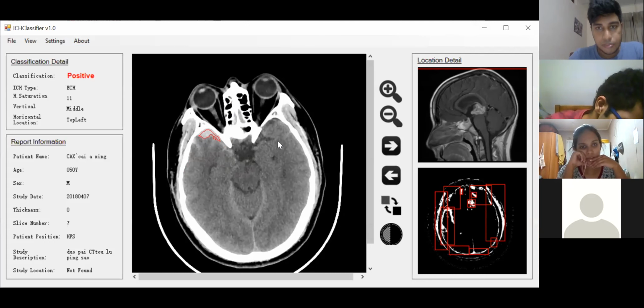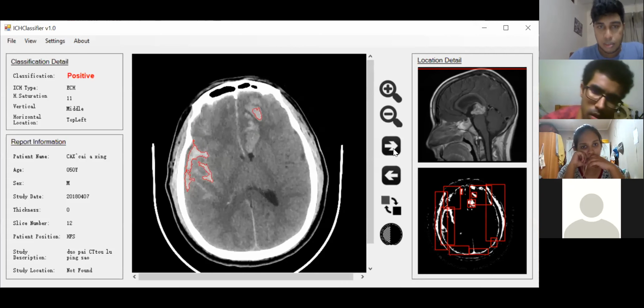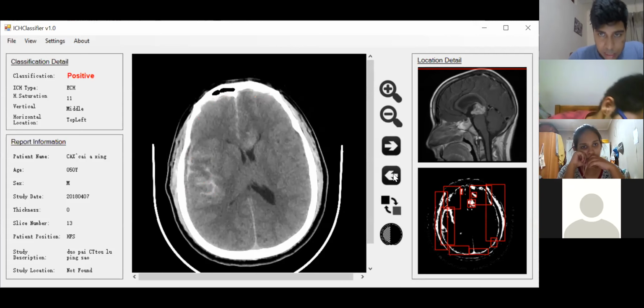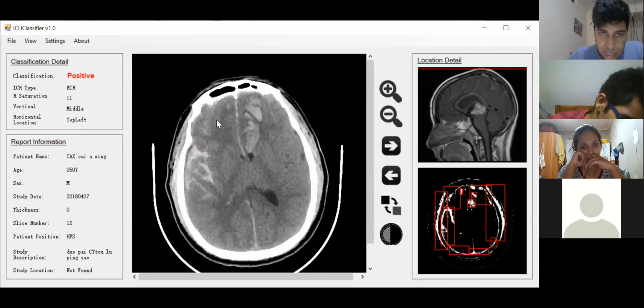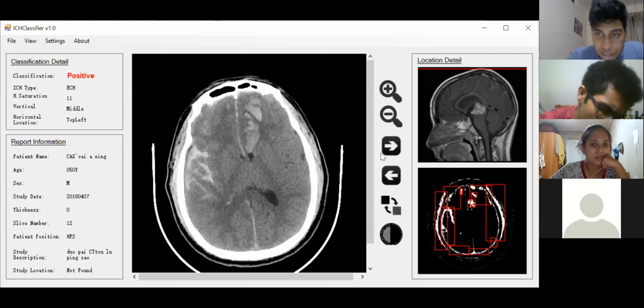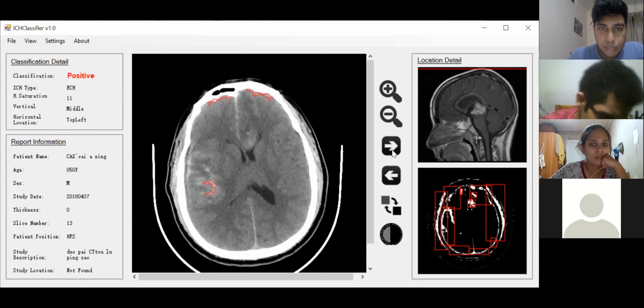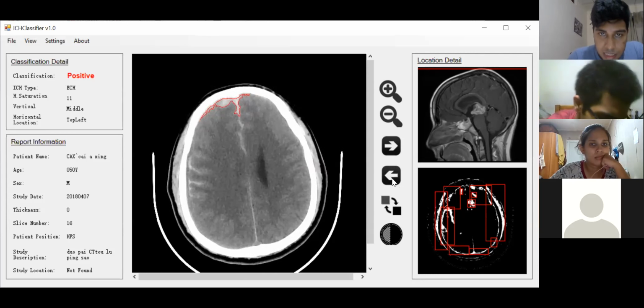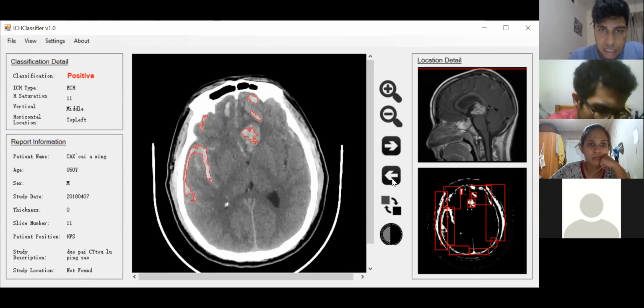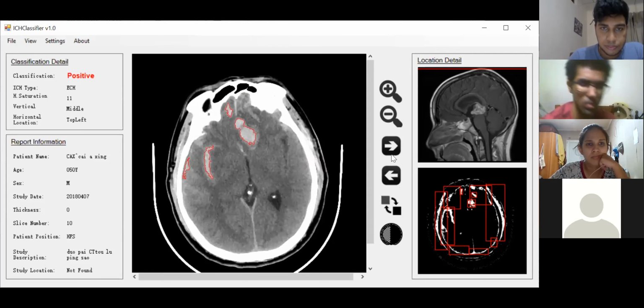Actually, sorry, I made a mistake. This is also subarachnoid. The reason is, if it was coming from here, it is an epidural. If it is a crescentic shape like this, it is a subdural. But if it is present diffusely, all over the brain, that is a subarachnoid hemorrhage, because it's present in the CSF.